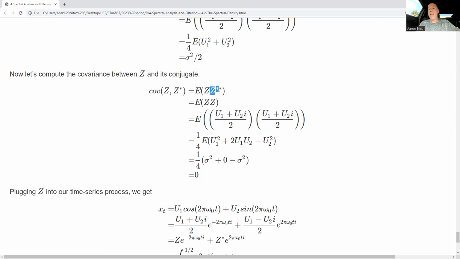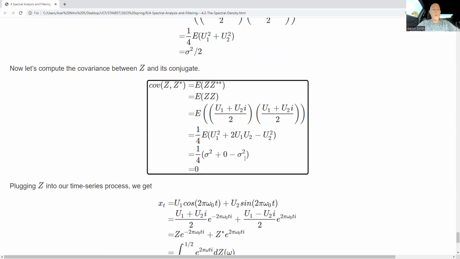Well, the item is the conjugate of Z, so I have a double conjugate. They cancel out. When I multiply this out, over here, we're going to get a negative value. The cross term is going to give us a 0, and everything's going to cancel out. And we can see that the covariance between Z and its conjugate is equal to 0.